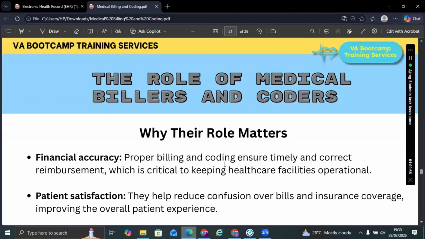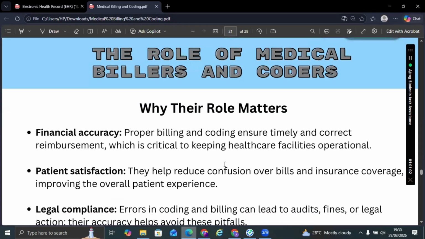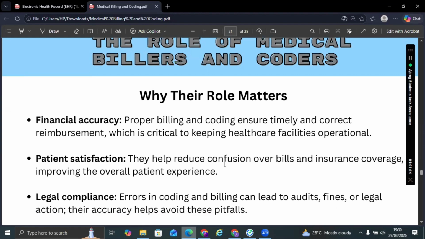The role of medical billers and coders. Why does their role matter? Firstly, it's about financial accuracy. Proper billing and coding ensure timely and correct reimbursement, which is critical to keeping healthcare facilities operational. And then patient satisfaction.